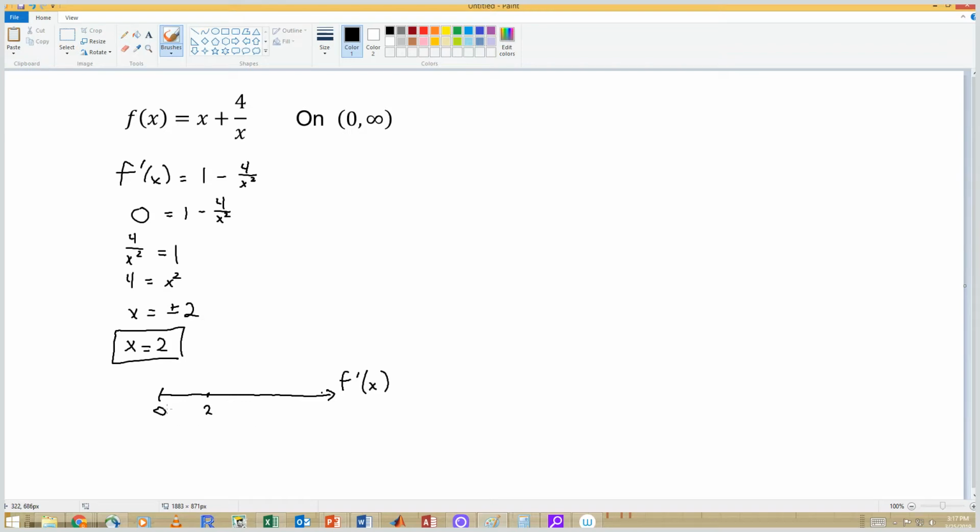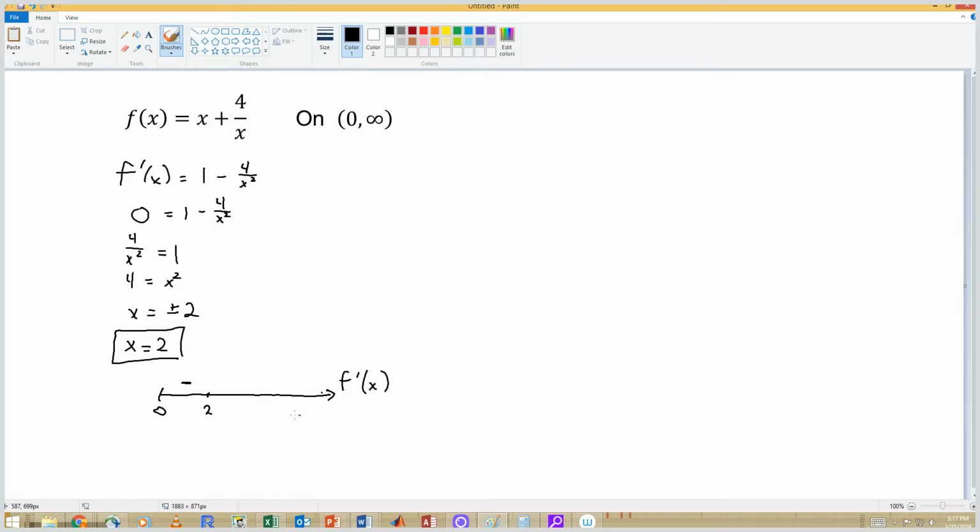So we know the first derivative is 0 at 2. There are no other zeros, so it's either going to be positive or negative between 0 and 2. We can test a number, for example, 1. 1 minus 4 over 1 squared is negative 3, so the first derivative is negative in this region.